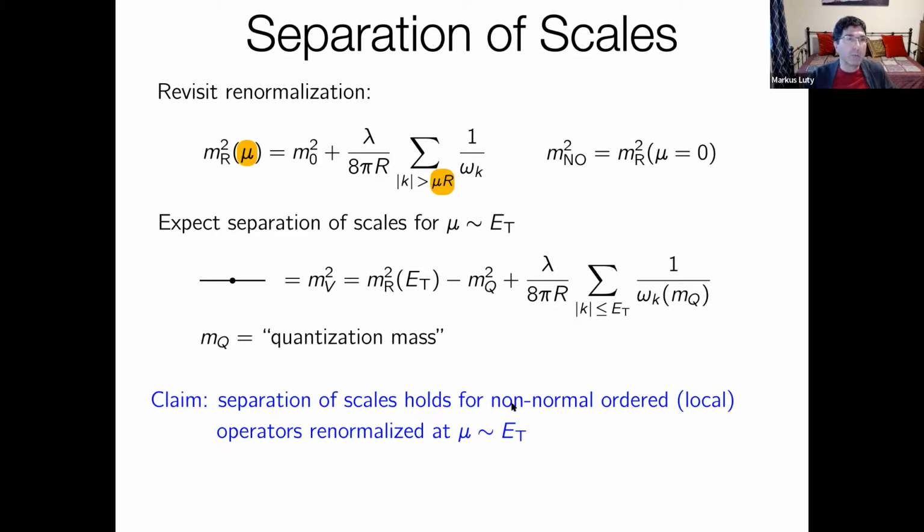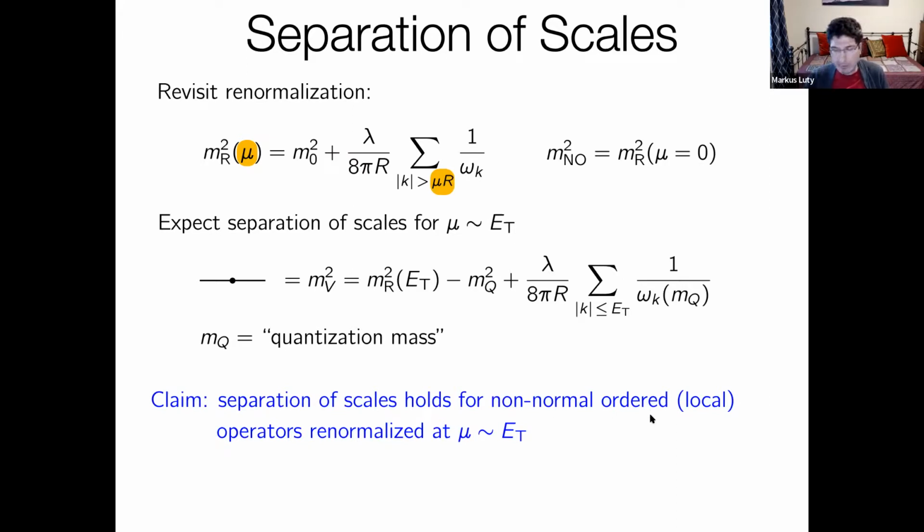One way to say that is normal ordering is some goofy way of renormalizing at mu equals 0, and that's not what we want. Another way to say it is normal ordering is only defined in terms of this non-local object H0. Separation of scales is locality. And anyway, we claim that the separation of scales only holds for the non-normal ordered operators.